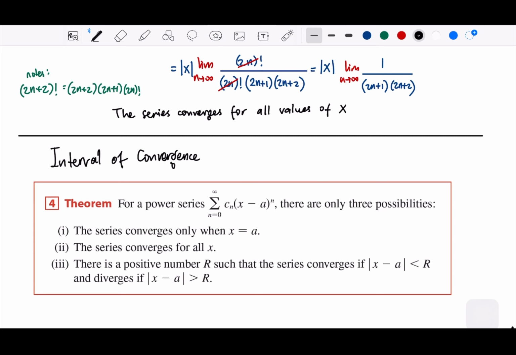A series converges only when x equals a, which means this is becoming 0, or the series converges for all x, as we mentioned the last one here, or there will be a positive number R such that the series converges when the absolute value of x minus a is less than the ratio, less than some value that we test from the ratio test, and diverges if that is greater than R. So with these 3 possibilities, then you can draw conclusions from a power series.